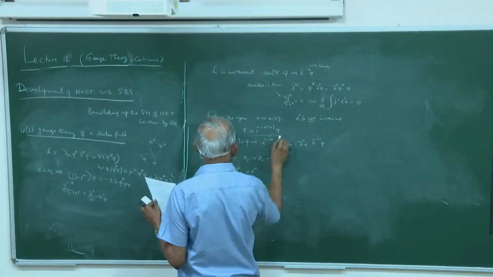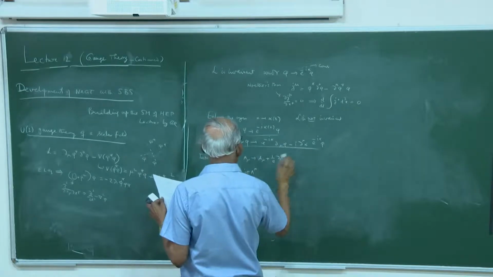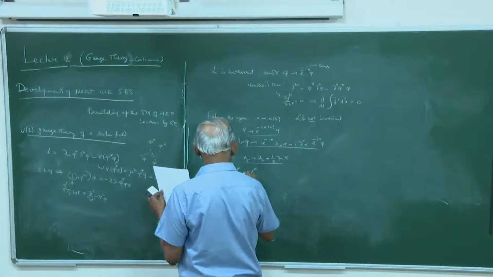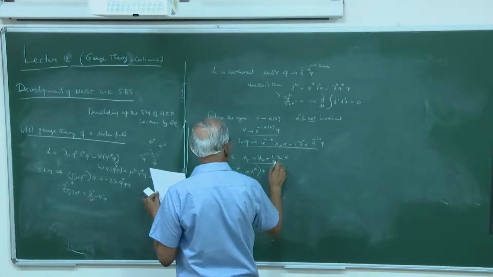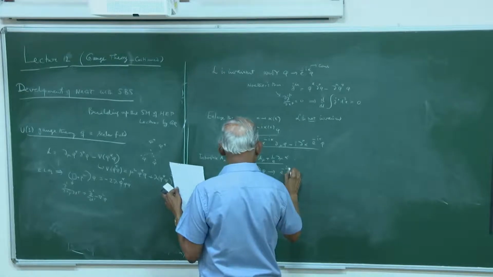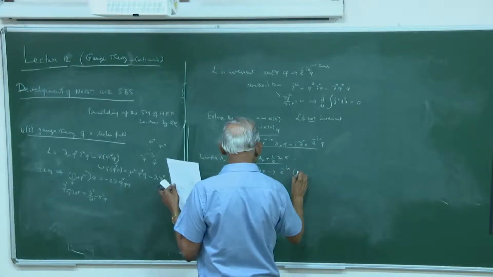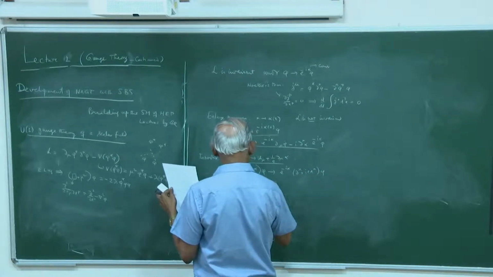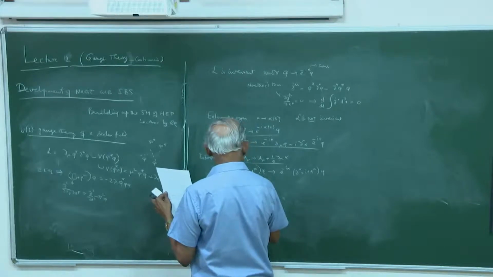If phi goes under this and d mu goes under this and A mu goes under this, then if you take this combination, the derivative term cancels, so only the simple phase factor comes. Whereas for phi star, same thing but with a minus sign.